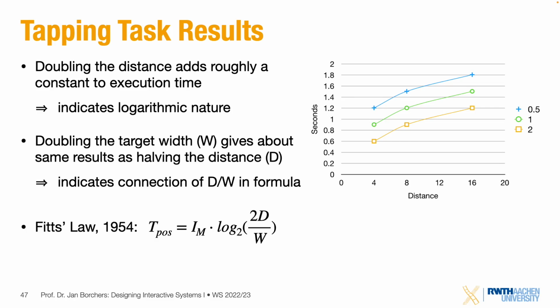If you take the index of difficulty to be the coefficient of the distance and the width, right? That right-hand term here, the log 2 of 2d divided by w: if you take both distance and width and multiply them by 2, nothing should change, right?